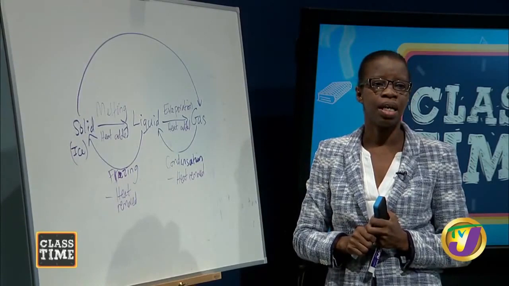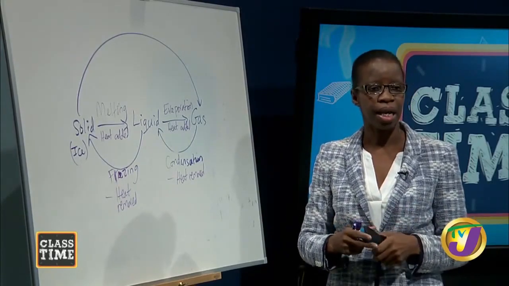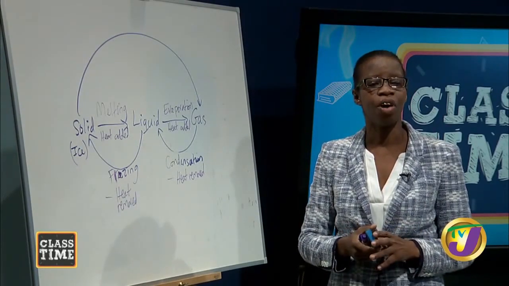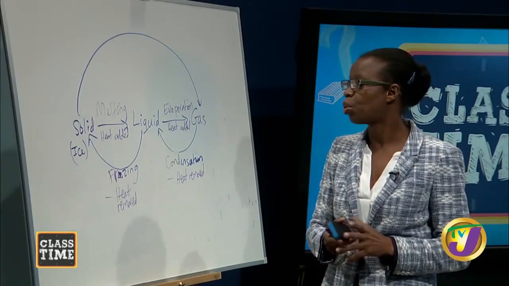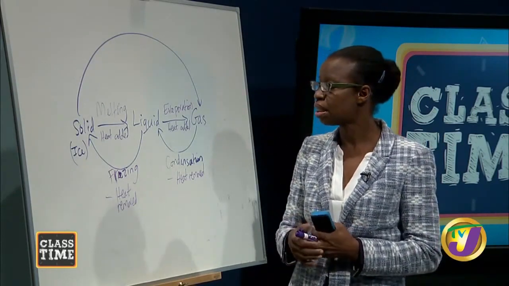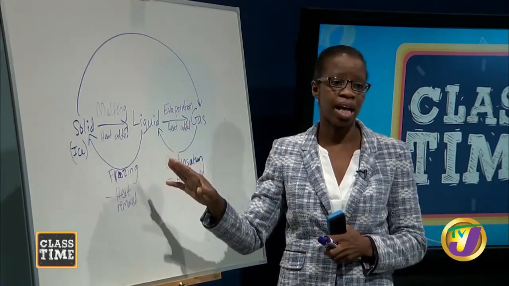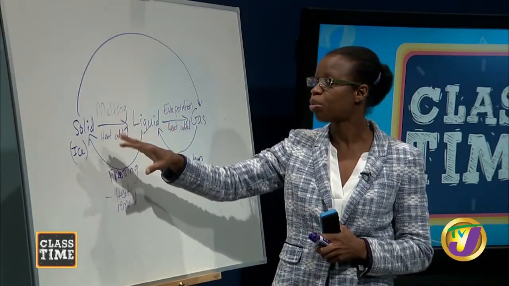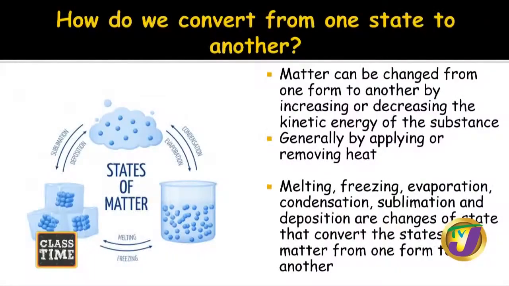Let's see. For those in theater and those that are involved in food preservation, you would have heard of dry ice. So dry ice is solid carbon dioxide. And when you place dry ice in a particular environment where it starts to melt, it does not go to the liquid stage.